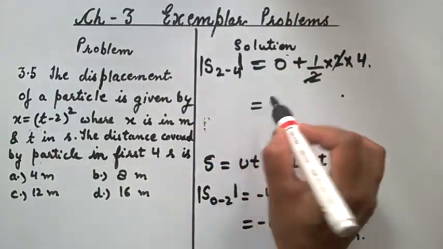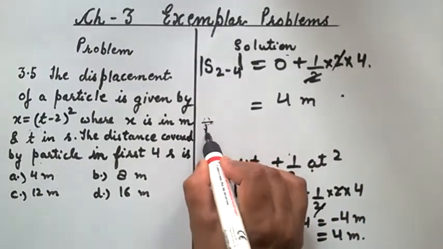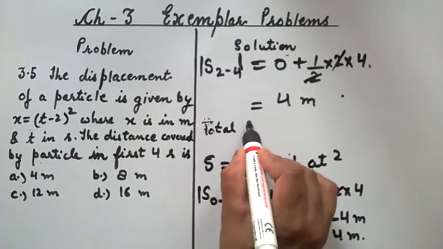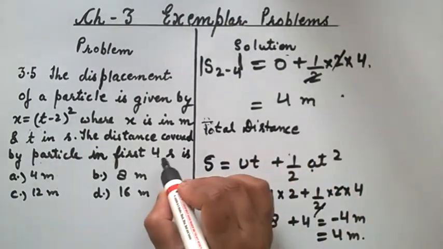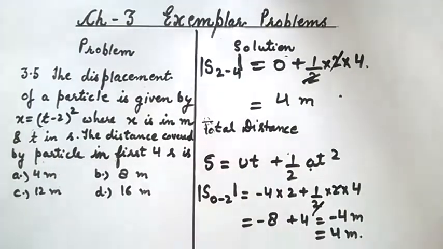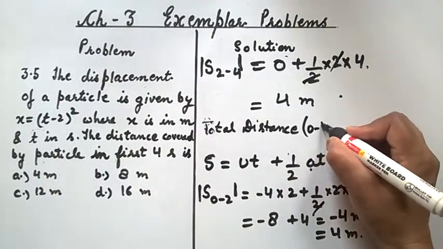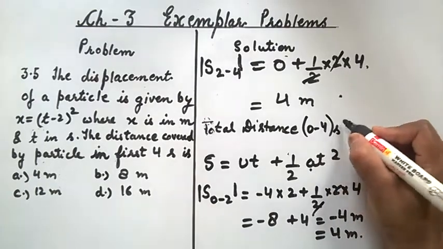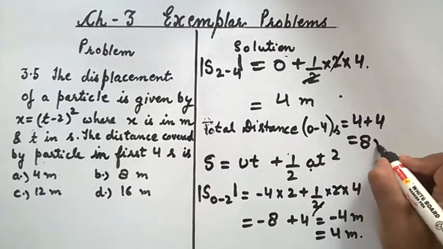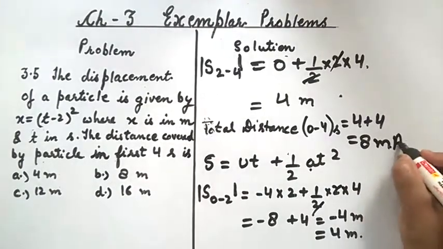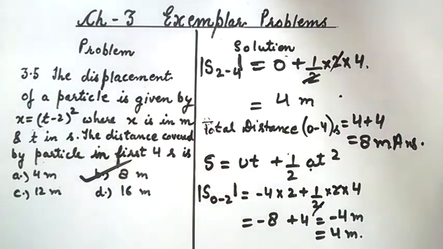We get 4 meter. So the total distance covered from 0 to 4 seconds is 4 plus 4, that is equal to 8 meter. So option B is the correct one.